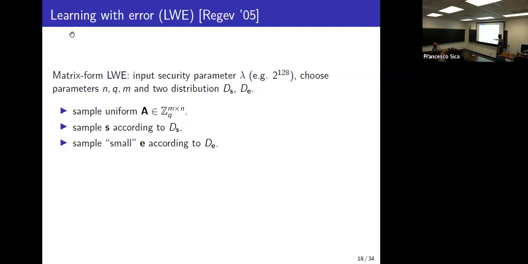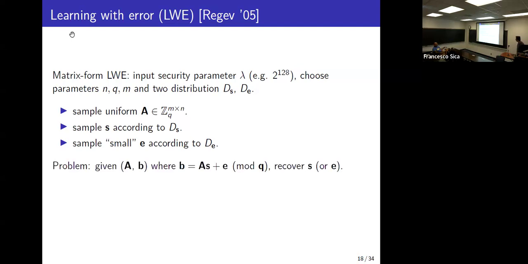I just didn't specify here because there are several possibilities. What is really important is another vector we call the error vector, and it has to be small in the geometric sense. It has to be small in the Euclidean norm. So this corresponds to the decoding case, where you have a small Hamming weight error vector E. But here, small in lattices is usually defined by some geometry, for example, by the Euclidean norm, according to some other distribution DE.